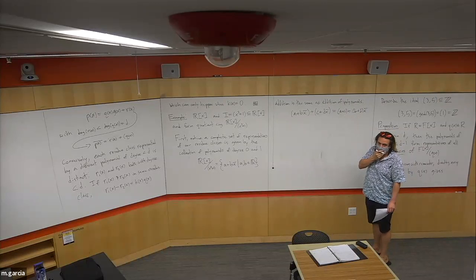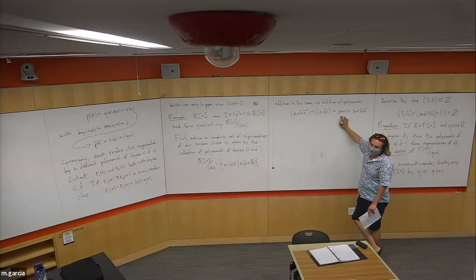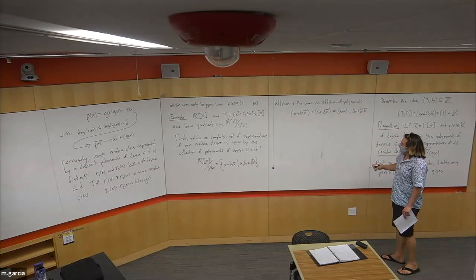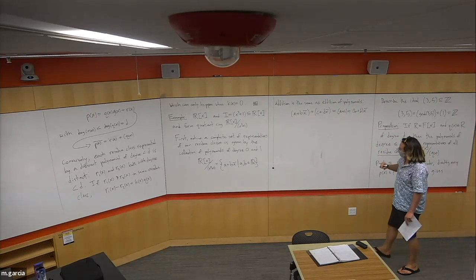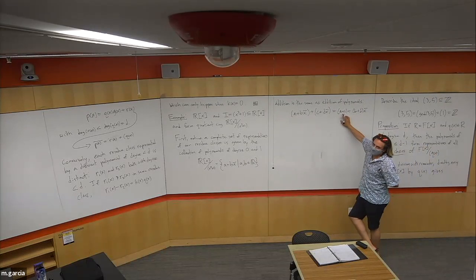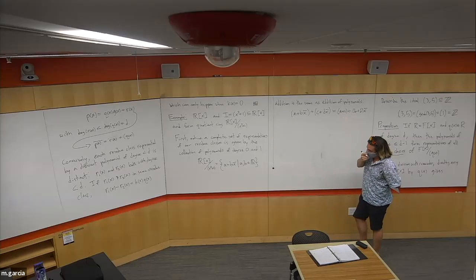Those are parentheses, not ideals. We're not doing work with ideals here, we're just adding things together. These are real numbers, so as long as they're not 0, this would be all real numbers.